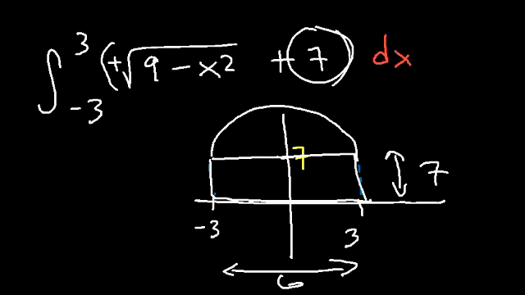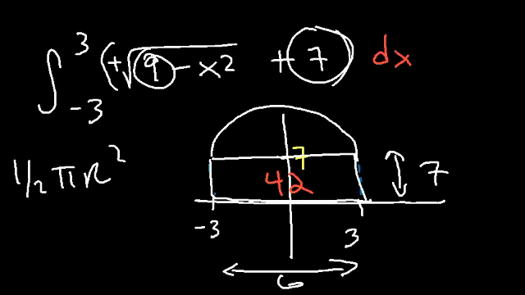The difference between 3 and -3 is 6. So 7 times 6, that's 42. And then the area of the semicircle is 1/2 pi r squared. We can see that r squared is 9, so it's 9 pi over 2. So the final answer is 9 pi over 2 plus 42.